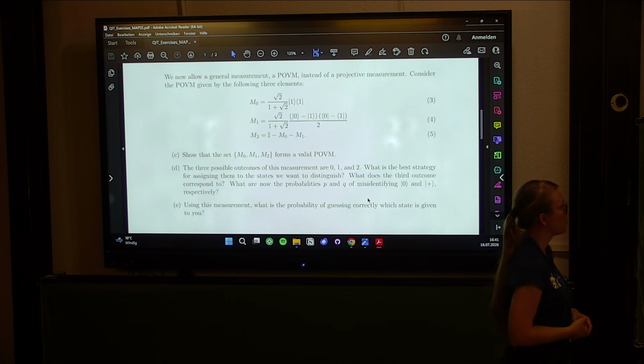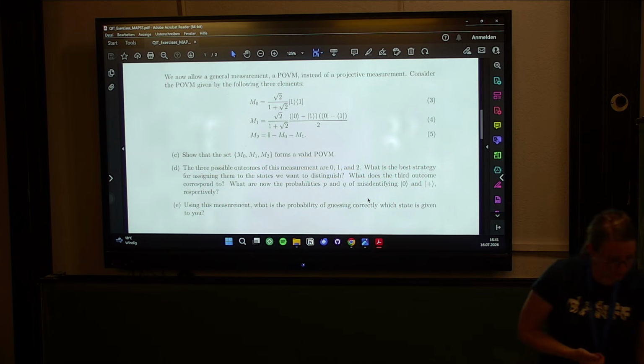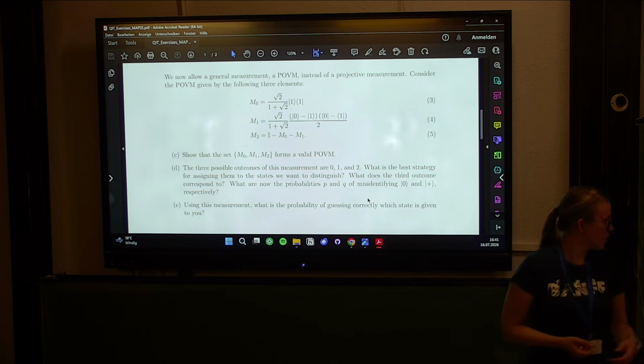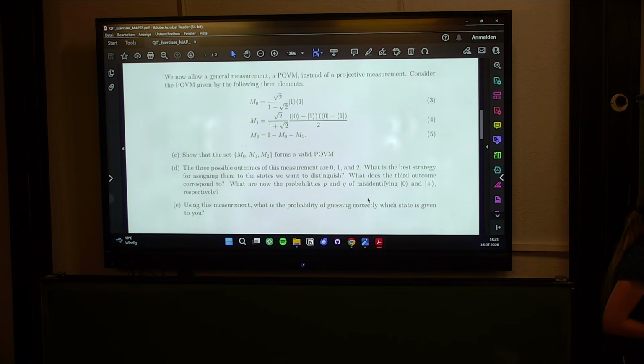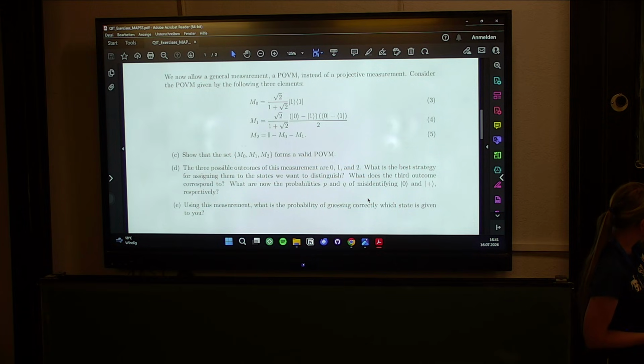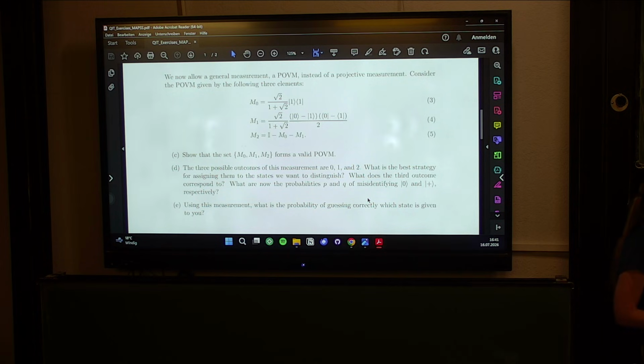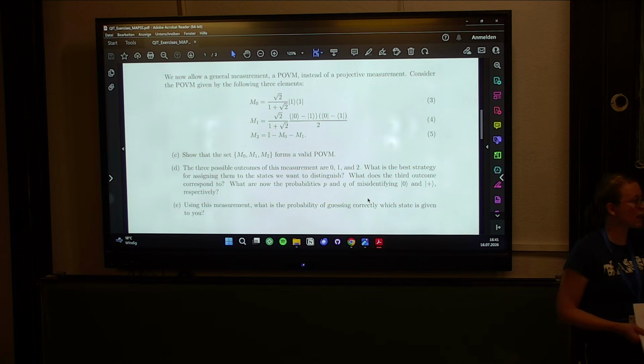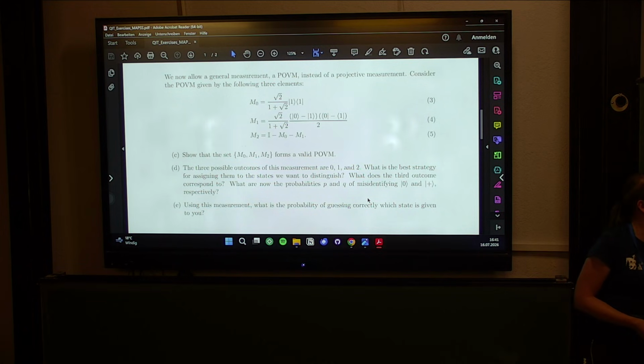So for this one, if we get a conclusive outcome, if the state was 0 and the outcome is 1, then we can make a guess. And also, if the state was plus and the outcome is 0, then we can make a correct guess. We need to calculate the probability that this happens.